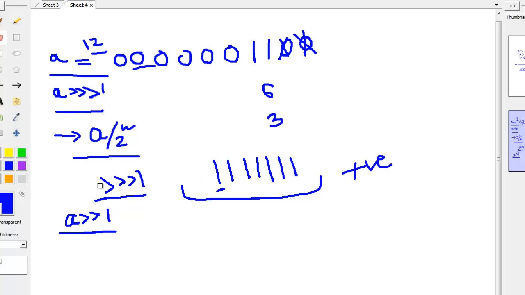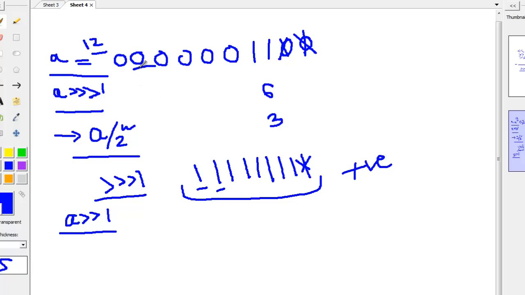If instead of this operator I use the signed operator and I have the same number, when I shift this towards the right by 1 bit, this bit goes and the system has to add a bit here. So it will add the bit which was previously in the extreme left. In case it was 1, it will add 1. In case it was 0, it will add 0. So a negative number will continue to remain negative and a positive number will continue to remain positive.